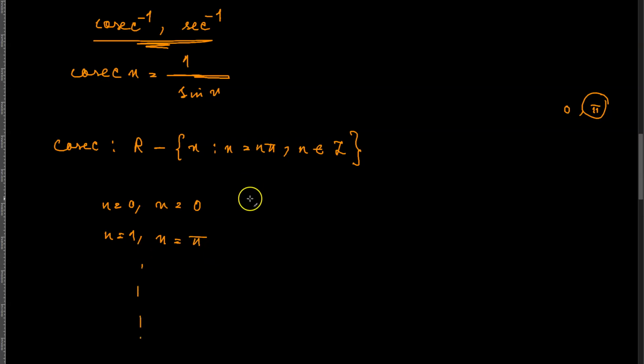If you take n as equal to -1, then you will end up with x is equal to negative pi, and at negative pi again sine is equal to 0, cosecant is undefined. So I have simply taken all of those points out of the set of real numbers so that we can use that set as the domain of the function.